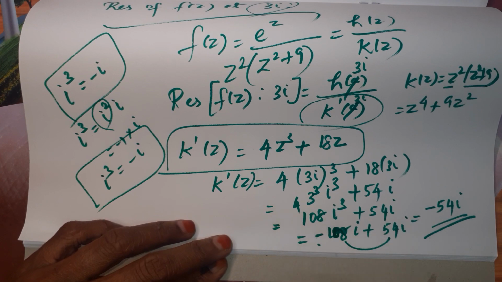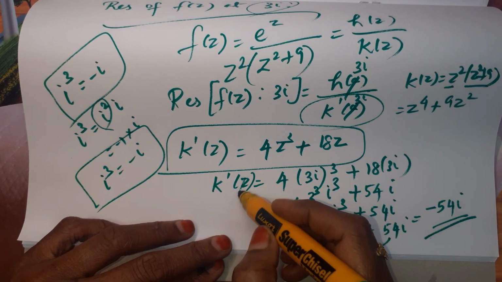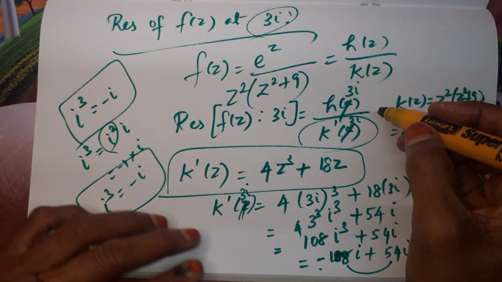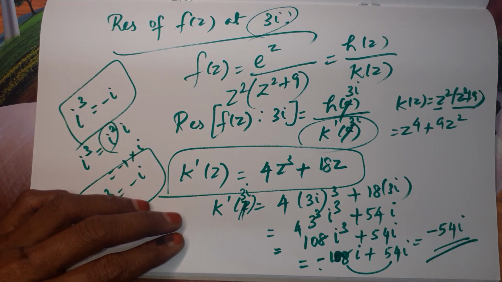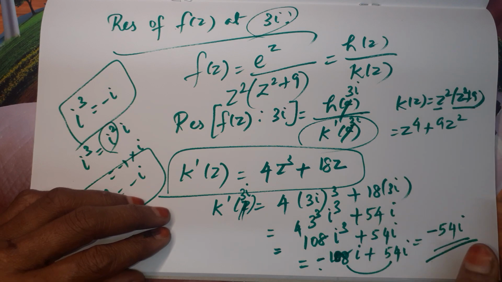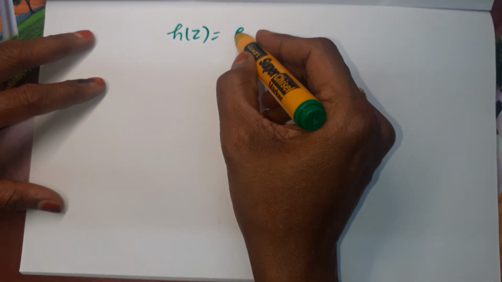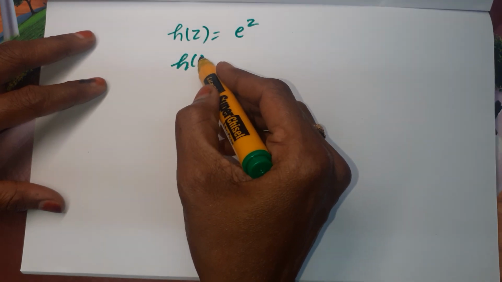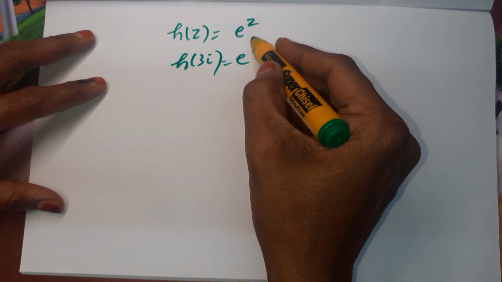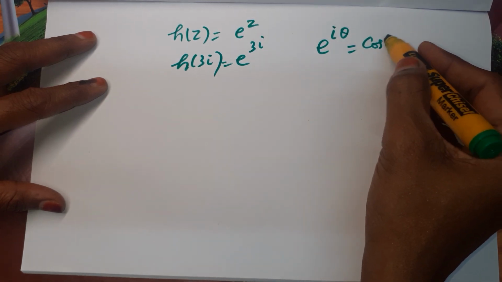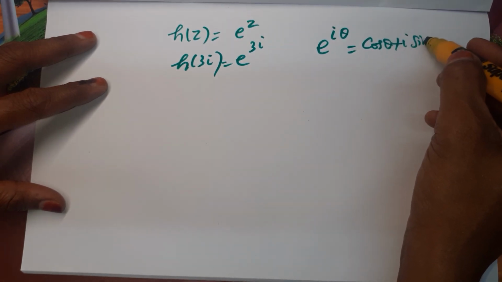This is k dash of 3i here, no? And h of 3i we have to find, no? h of z is equal to e power z. So h of 3i is equal to e power 3i. Already we know the formula: e power i theta is equal to cos theta plus i sin theta.